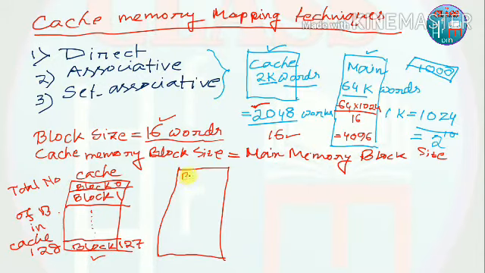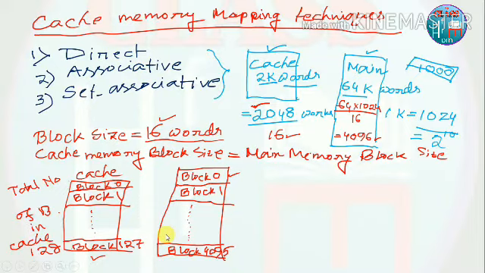So the first block is block 0. The second block is block 1. And this way the last block will be 4095, because the total number is 4096, but it started from 0, so it will be 4095.